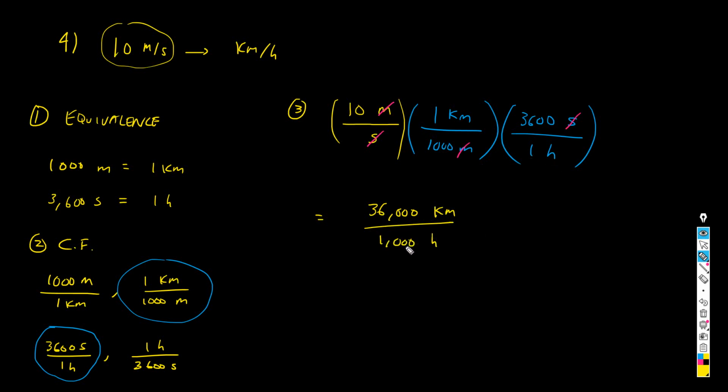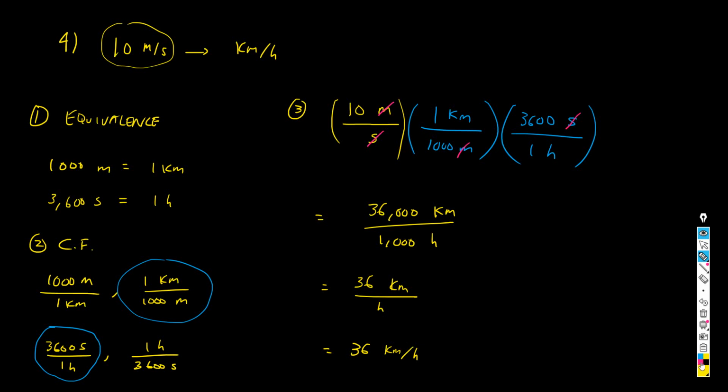There you go. What is the final result? When you divide these two things, you will get 36 kilometers over hour. And if you want to go back to the slash notation, that's fine. At the end, it's okay. 36 kilometers per hour.